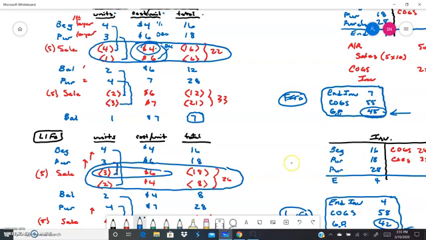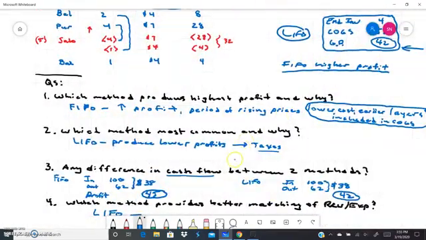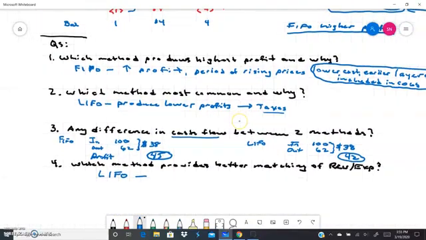So basically what's happening is that the reason that LIFO is a better match is it matches today's sale with the latest costs.